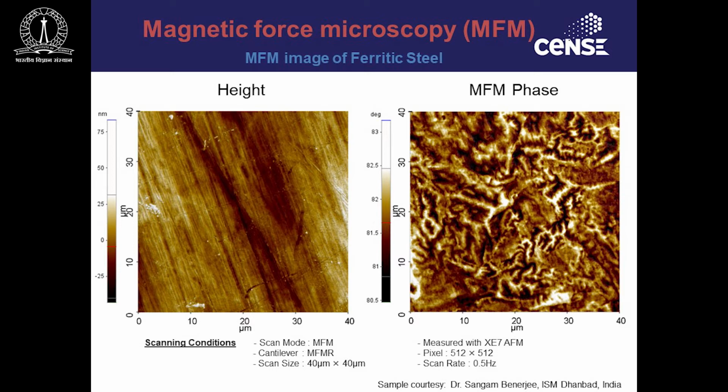While doing the height image in the same area, what are the magnetic domains that are sitting just beneath it, if there are any. So this is how it looks in the same area. This doesn't interfere with the topography, and this comes out to us in the form of a magnetic domain image like this. Here, this has nothing to do with the height image.